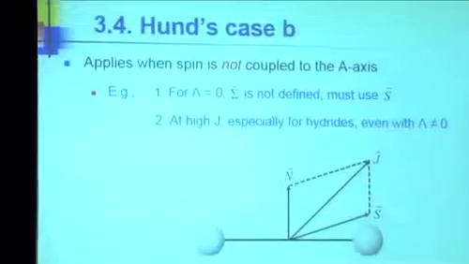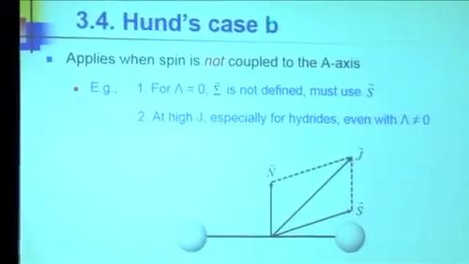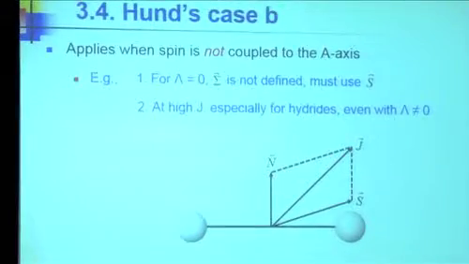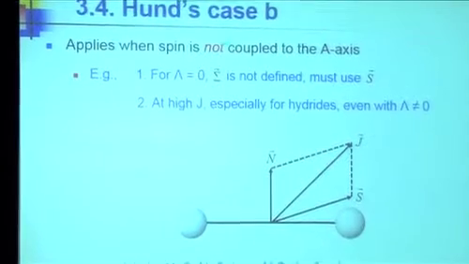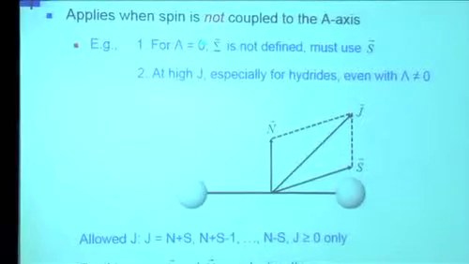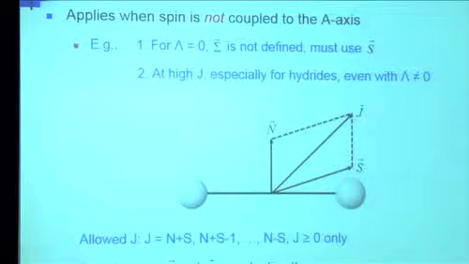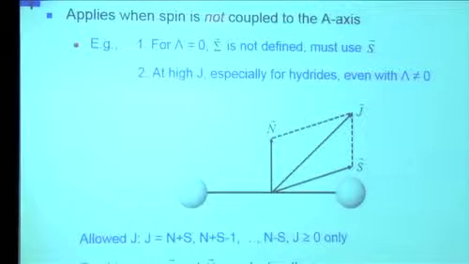Hund's case B. This one is really kind of simpler, and it's a common one. It's oxygen. This is when the spin is not coupled. So when lambda is 0, there's no magnetic field, there's no coupling. S does its own thing. So here's S somehow out here. N is always perpendicular, J is the total. Now, we still have some rules.